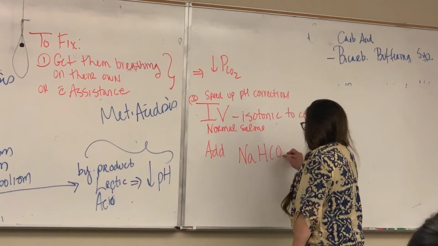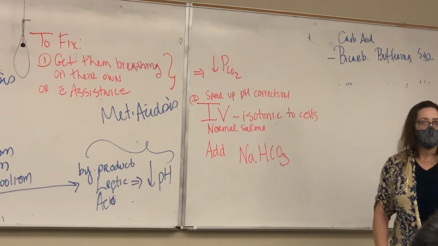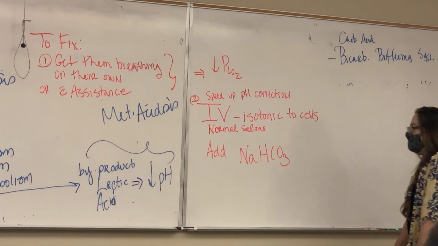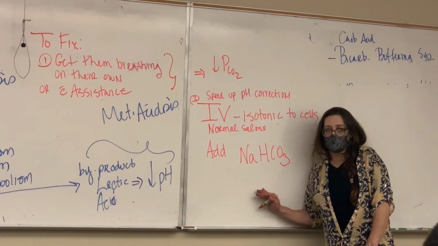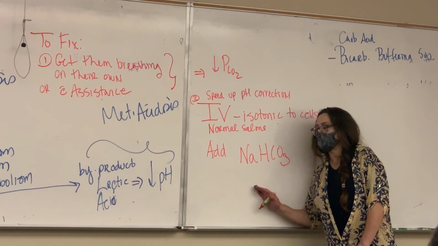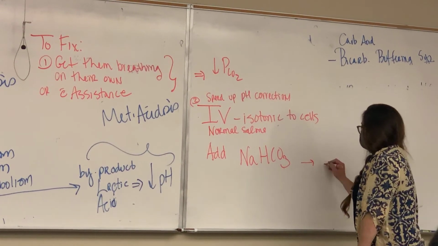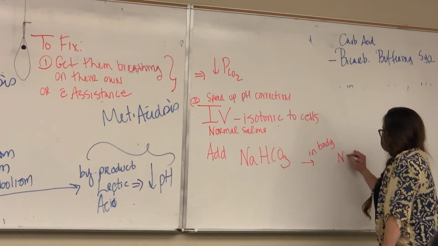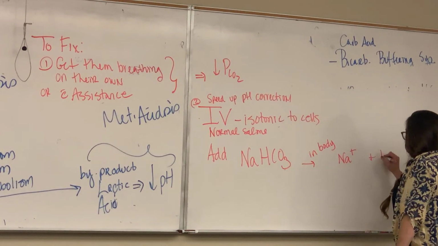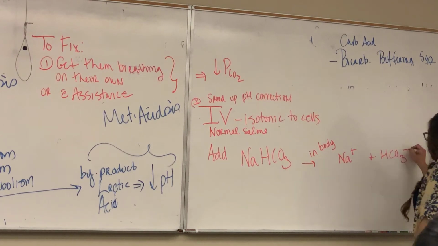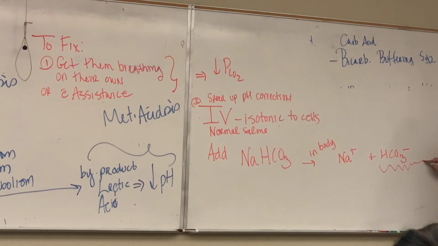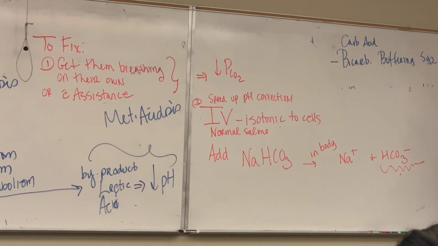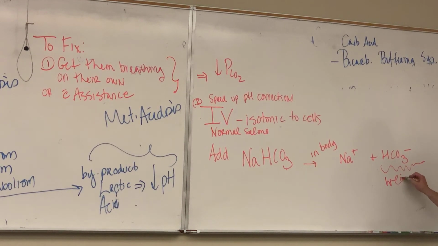bicarb. Now, let's think about why. If we add sodium bicarb to their IV, that sodium bicarb in their body breaks down into sodium and bicarb. And having extra bicarb, what will that do? That will act as a weak what? A weak base.